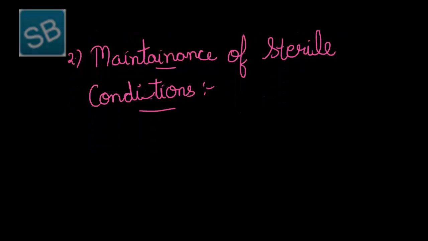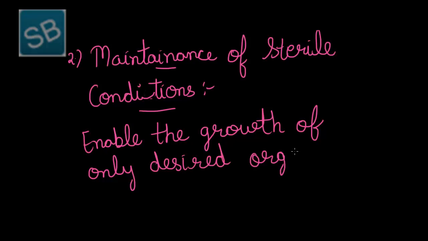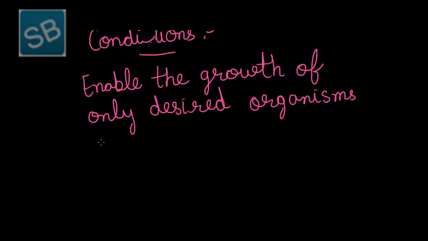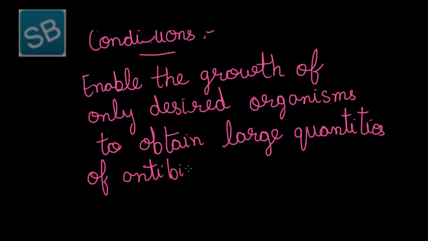And so, the conditions in chemical engineering processes enable the growth of only desired organisms that are obtained through genetic engineering, to obtain large quantities of various substances like antibiotics, enzymes, hormones, and many others.